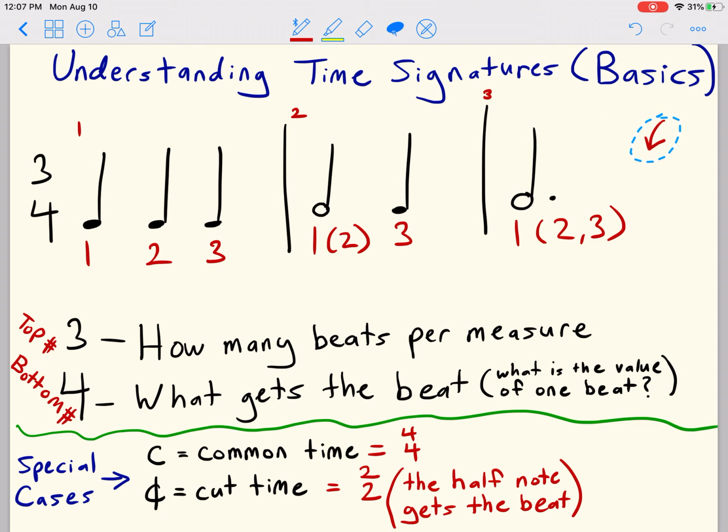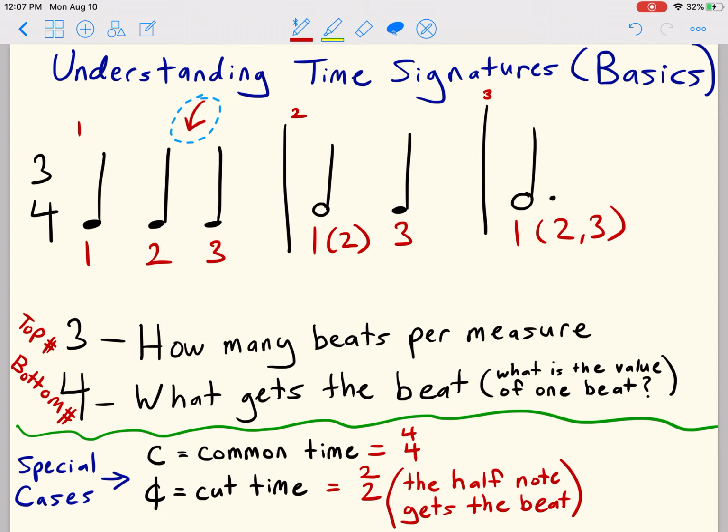Okay, I'll do that one more time. 1, 2, 3, 1, ready, go. 1, 2, 3, 1, 3, 1. Okay, and you'll notice that at no point did I go up to beat 4, and I also did not leave extra time there. As soon as 3 was over, I went straight to beat 1 of the following measure.